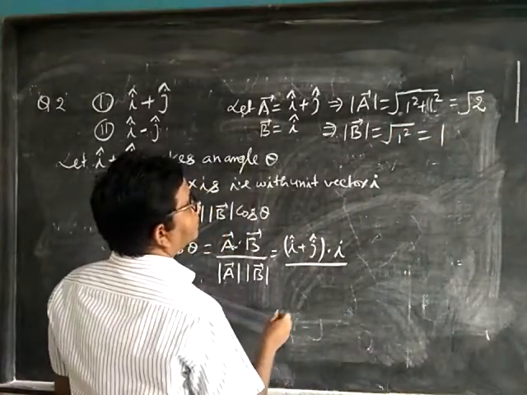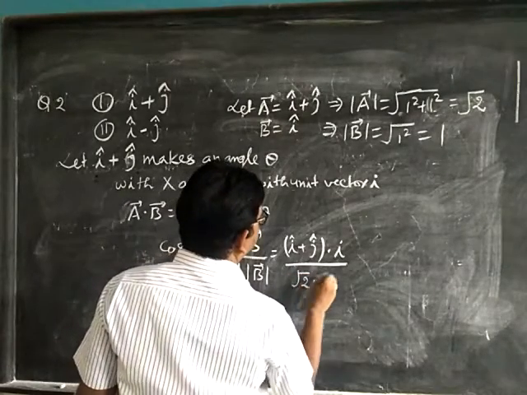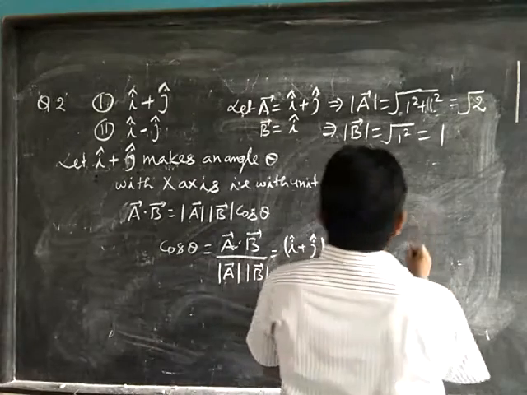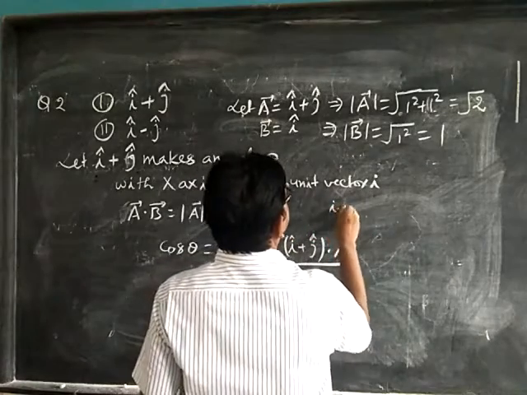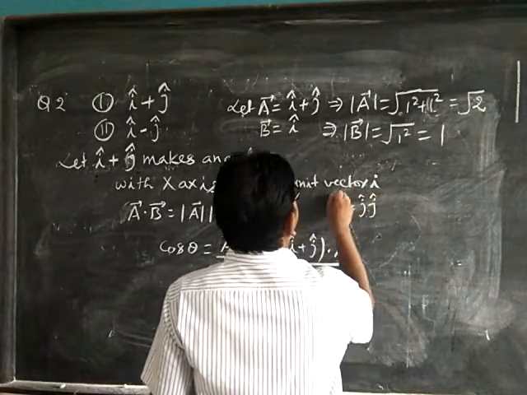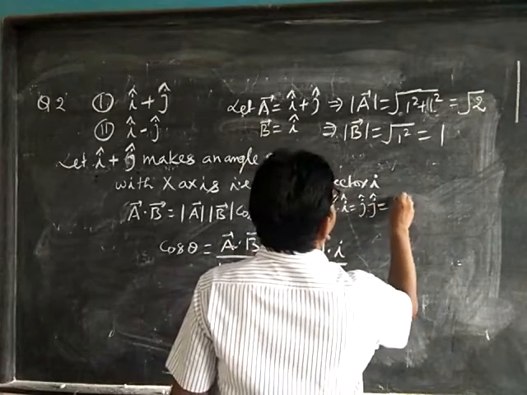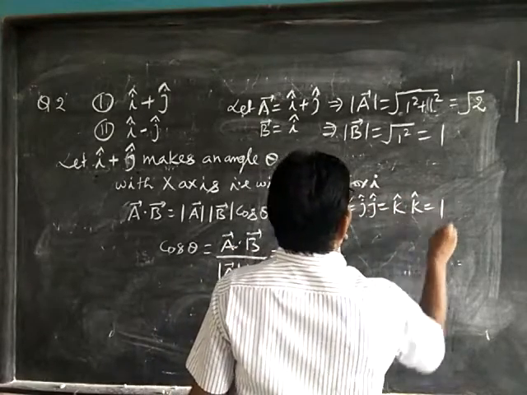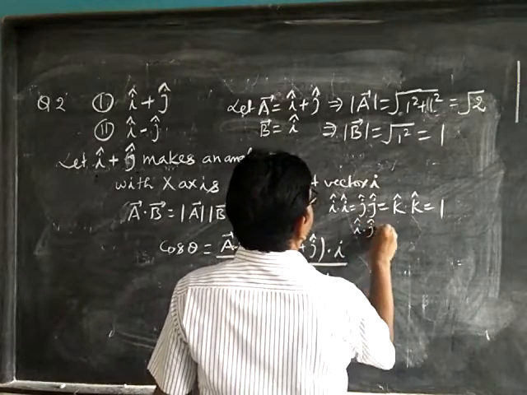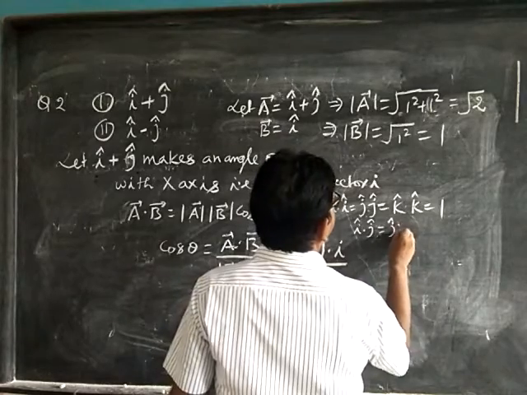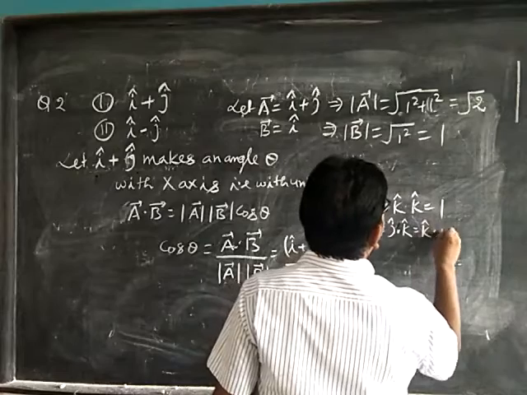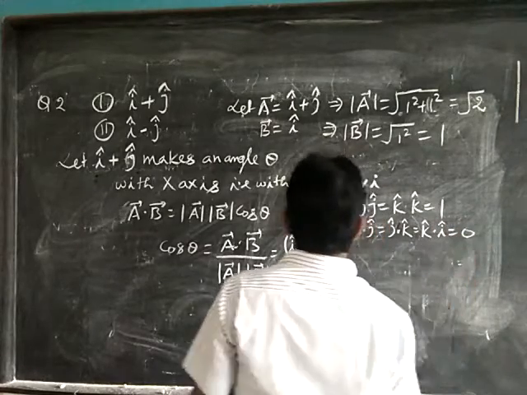Now we know i dot i is equal to j dot j is equal to k dot k is equal to 1, and i dot j is equal to j dot k is equal to k dot i is equal to 0.